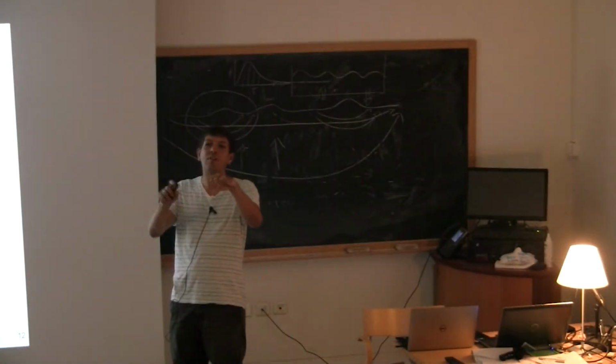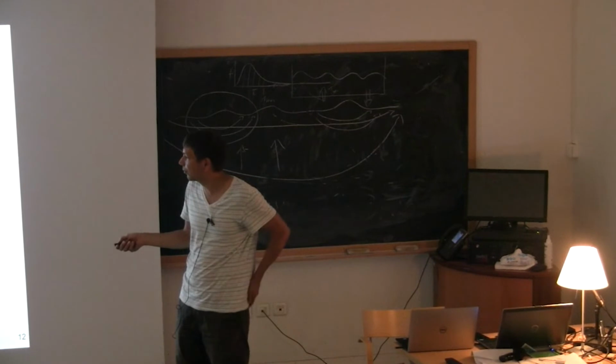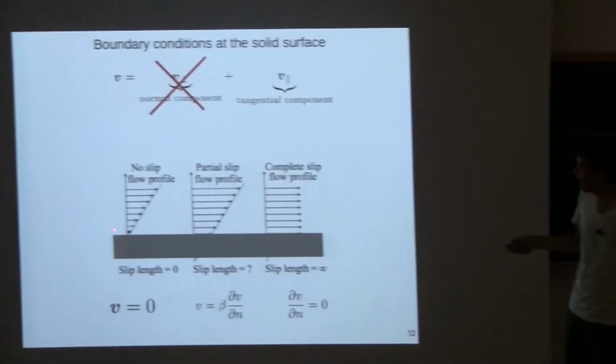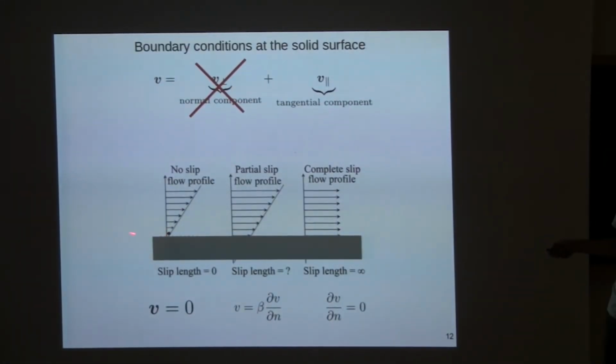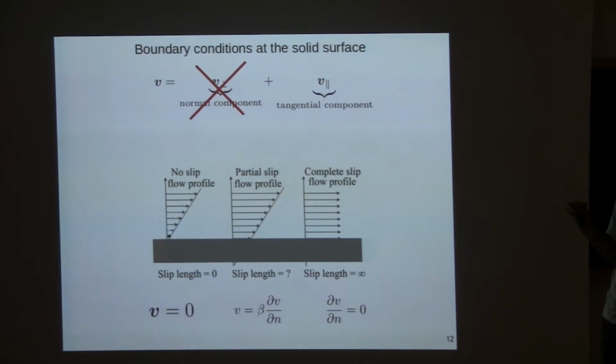So you have your velocity. So just imagine you are very close to the wall here. And your fluid particles, but it's hard to say fluid particle because we are working in a continuum mechanics framework. But let's say fluid particles here, so it has a velocity, and we want to find a condition for this velocity.